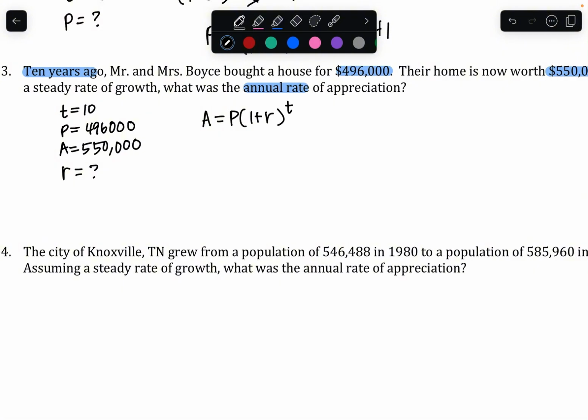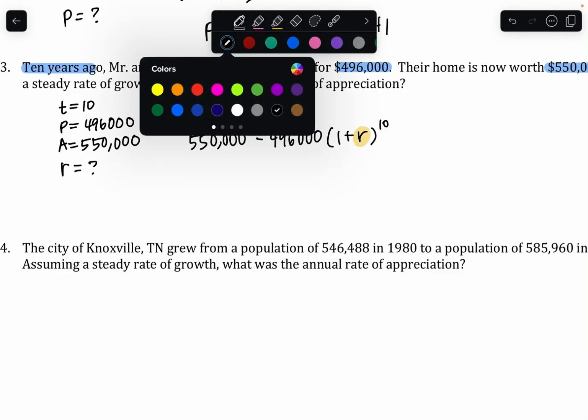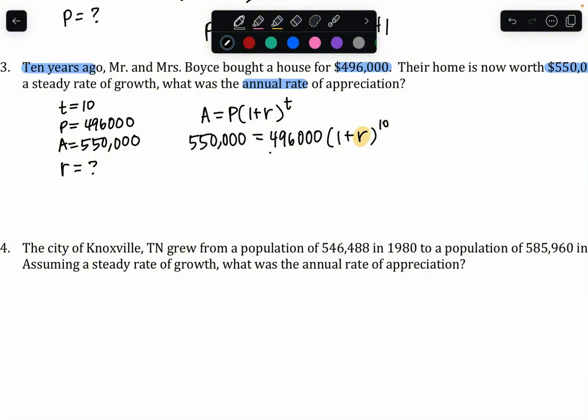Fill in what we know. We know A is 550,000. We know P is 496,000. We don't know R, but we know T is 10. Okay, and so this time we're trying to solve for R. And so we do need to isolate that set of parentheses. And so the first thing we have to do is divide by the 496,000.